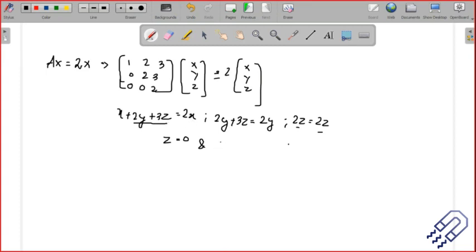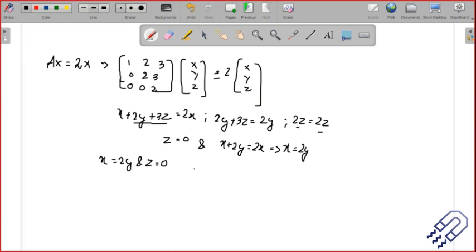So just write it down as x plus 2y is equal to 2x. So in general, 2x minus x is x, so x is equal to 2y. We have these two relations, x is equal to 2y and z is equal to 0, which are enough for finding out the values.